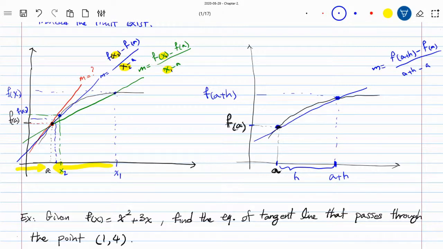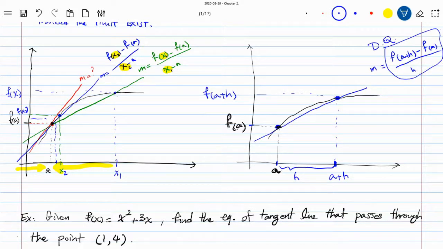A plus h minus a would simply be h. So the slope turns out to be this formula, f of a plus h minus f of a divided by h. And if you see, this looks familiar because we call this the difference quotient. We discussed this last time in chapter 1. We calculated this difference quotient, and the reason was for this specific topic.